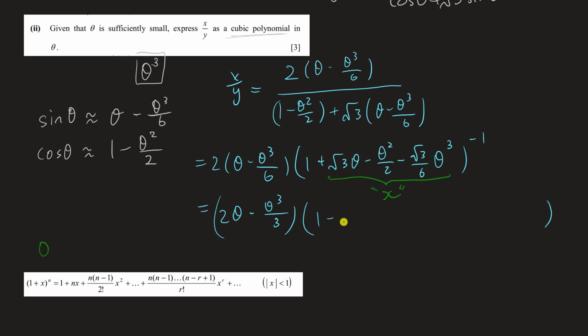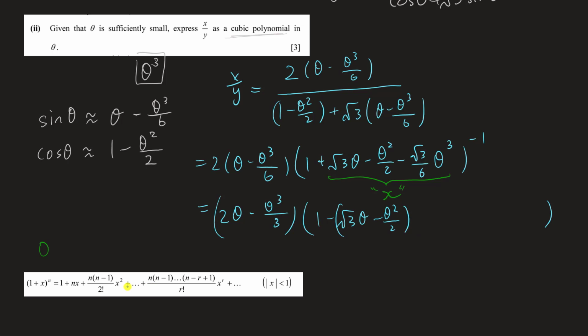So you get negative root 3 theta minus theta square over 2 minus root 3 over 6 theta cube. Actually, this is not even needed, because if you want to get to theta cube, there is a theta in front. It's going to multiply by everything. So you don't need this. So we're going to stop here and then move on to the next term.